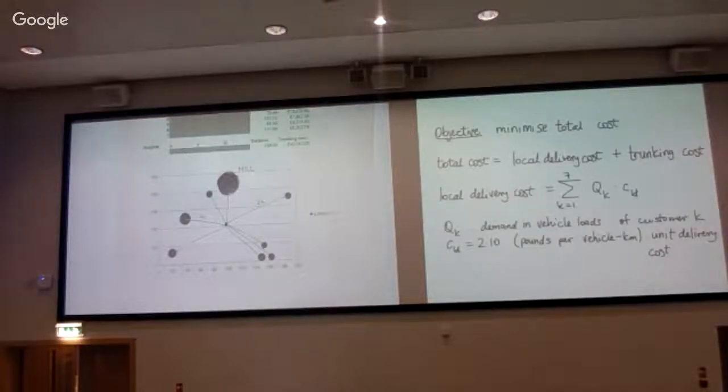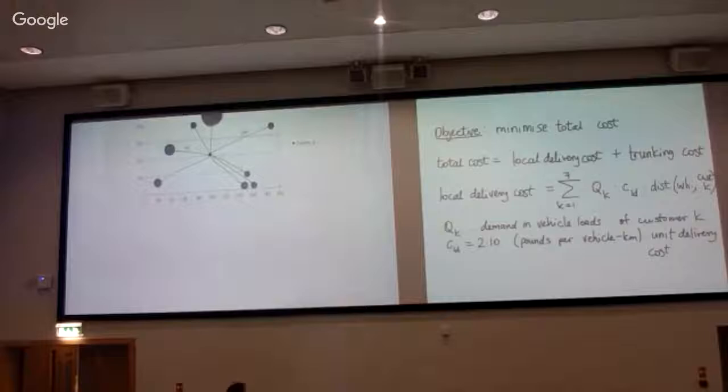The distance of the warehouse and customer K. It's all starting to be a bit confusing.